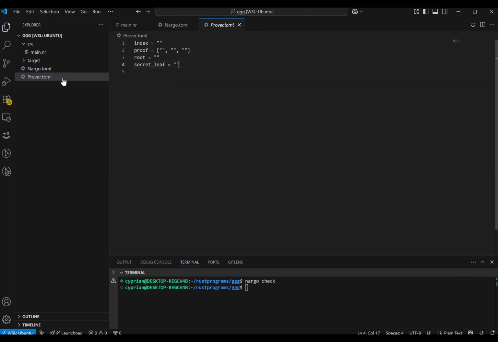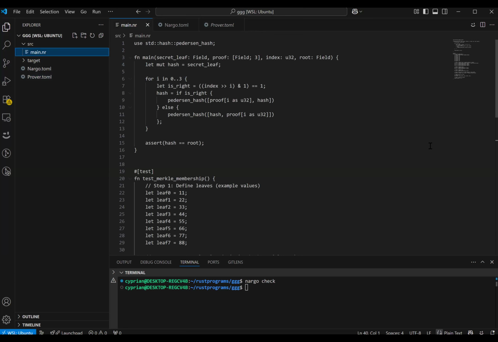Remember that the verifier does not have access to this. What the verifier will be seeing is the proof that you generate from this when you compile.